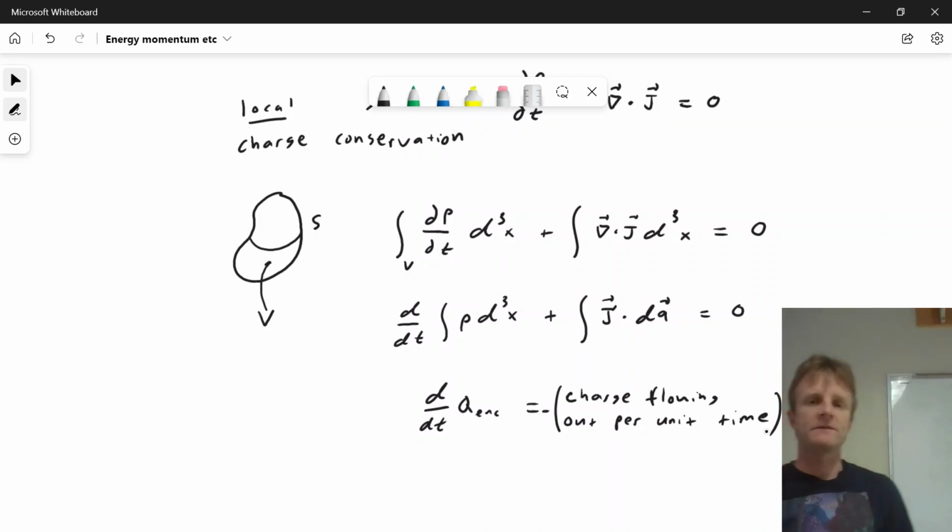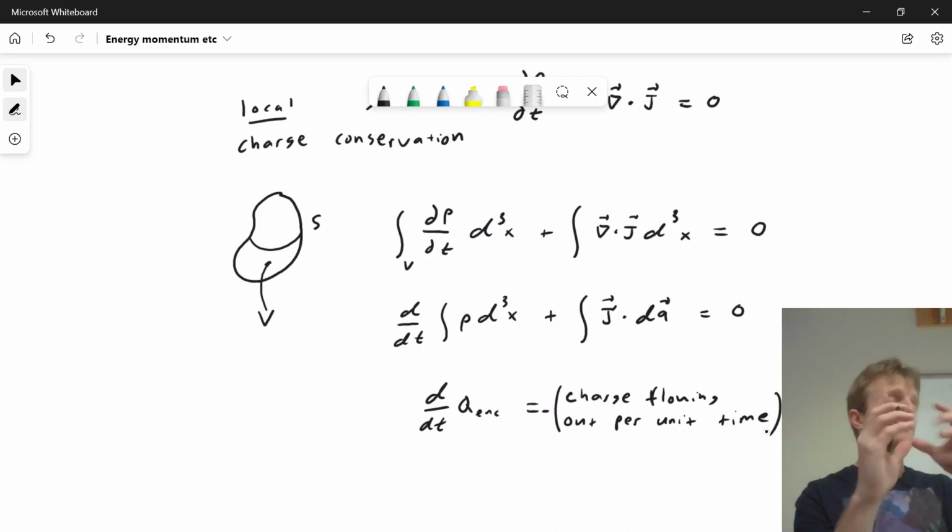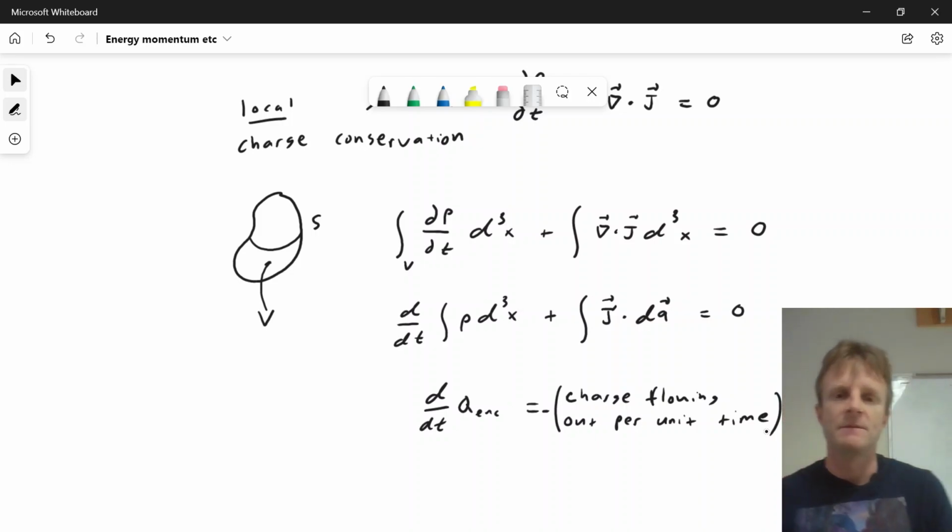Okay, so that's the strong statement, that if charge ever changes inside my hands, I have to be able to account for it as charge moving through the surface of my hands per unit time.